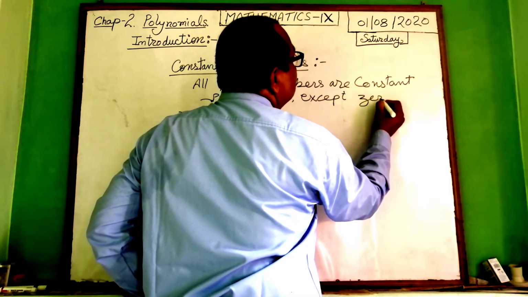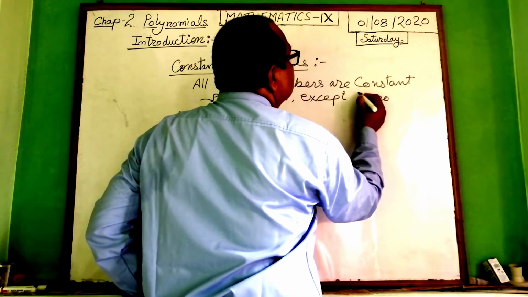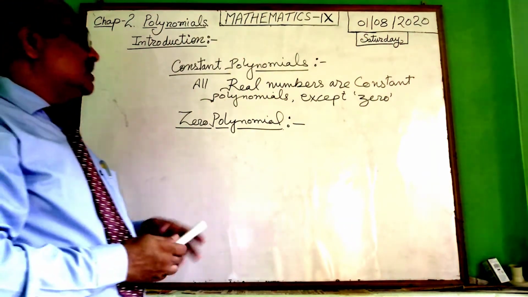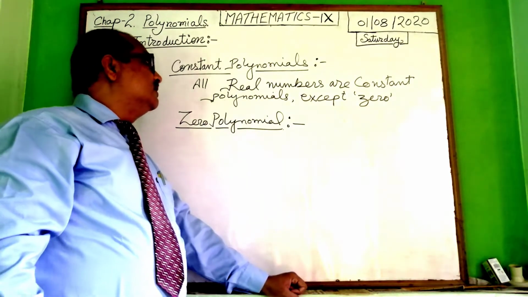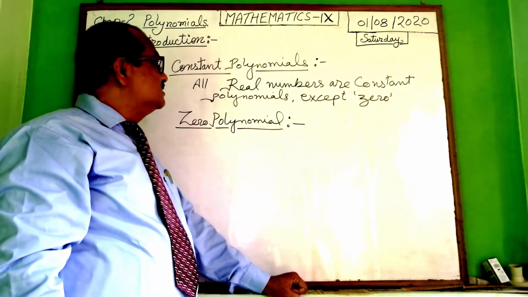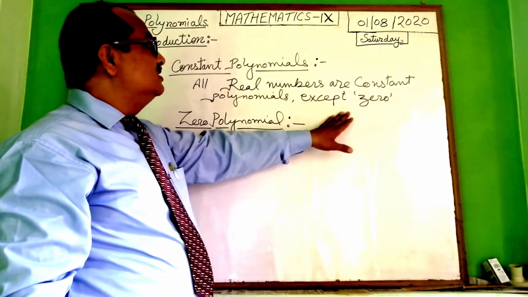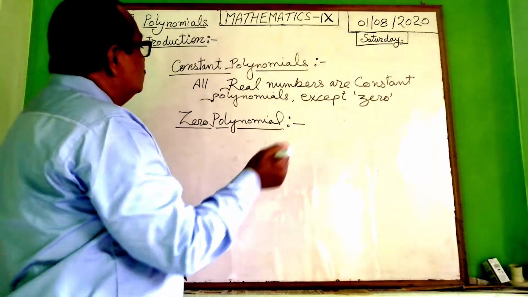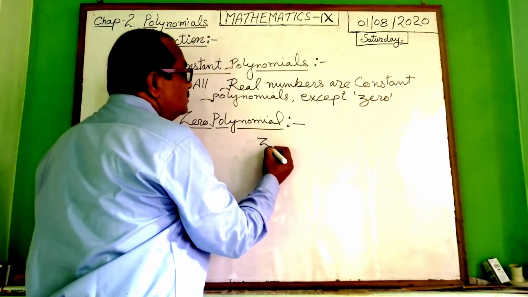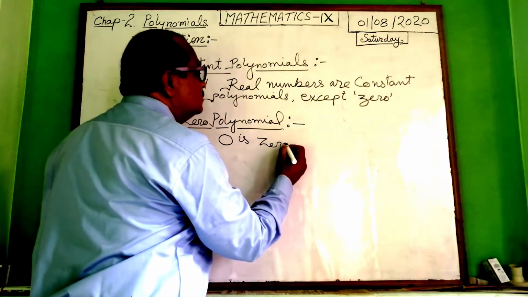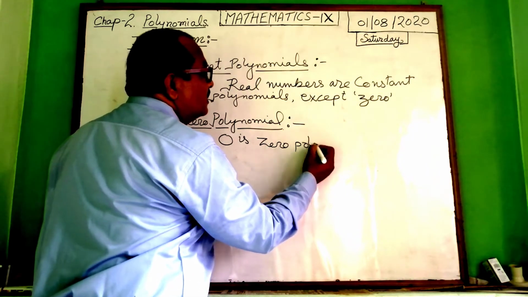Real numbers were already studied in chapter number 1, rational as well as irrational numbers, and 0 is not a constant polynomial. 0 is the zero polynomial.